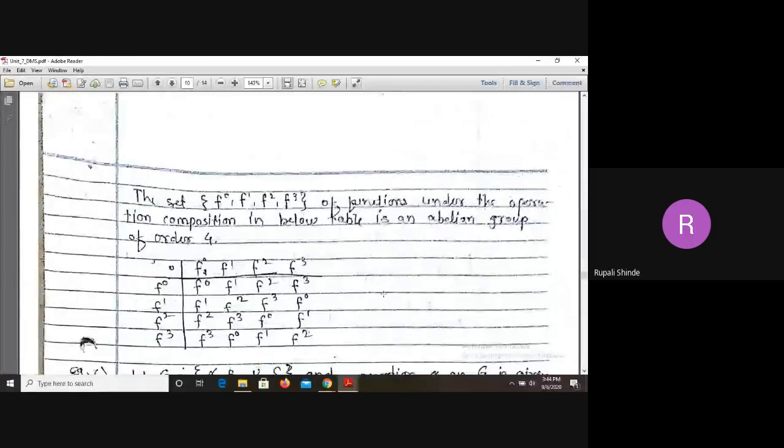Okay. So here they have defined one set. That set is containing four elements as F0, F1, F2 and F3. So these are four functions under the operation of composition, and this is an abelian group of order 4. So can anybody tell me why the order of this group is 4 only?